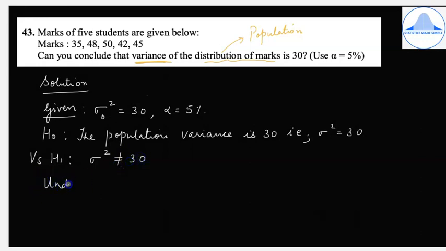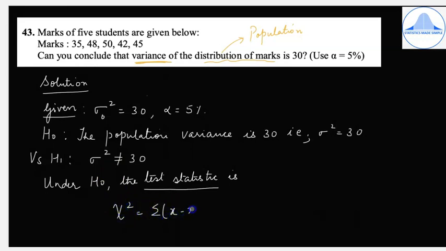Next, you should write down the test statistic formula. Under H naught, the test statistic is, there are actually two formulae for this particular test. Because they have given us the x values, that is the marks are given, we will use the formula chi-square equal to summation x minus x bar the whole square divided by sigma naught square, which will follow chi-square with n minus 1 degrees of freedom.